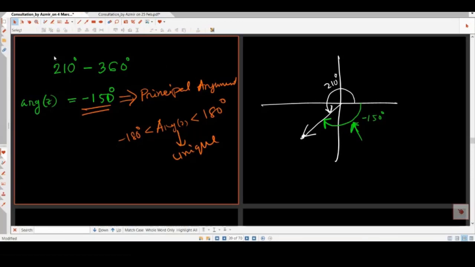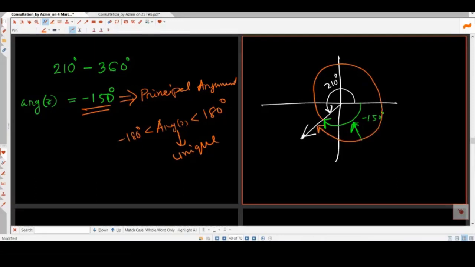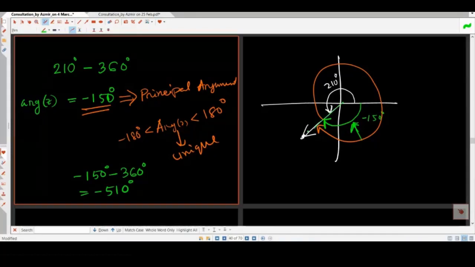So this is one unique value. If you have any doubt, you can also add another clockwise rotation. So we are going with another clockwise rotation. So that means the angle that we have found now, with this angle, let us add again negative 360 degree. So negative 150 minus 360 is equal to negative 510 degree, and we are getting the same line.